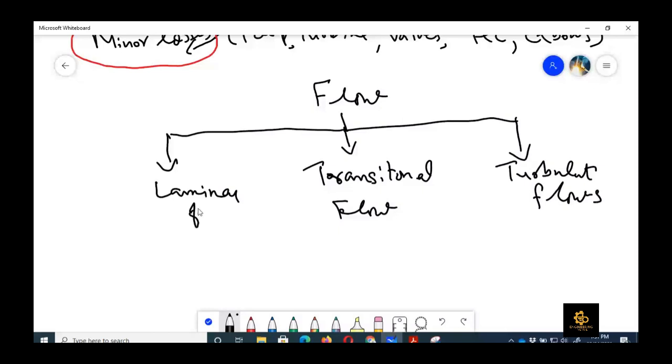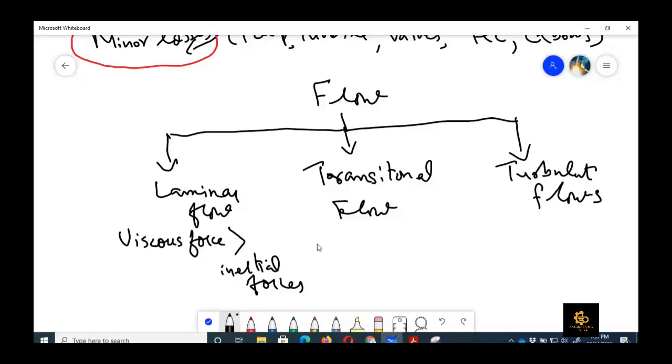For laminar flow, the viscous forces are greater than the inertial forces. The inertial forces want to cause acceleration or momentum of that fluid, but because the viscous forces are very high, the flow remains streamlined.